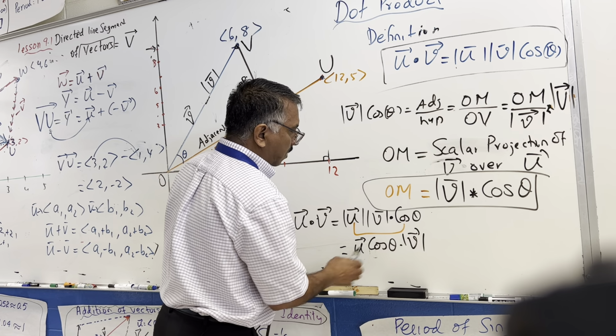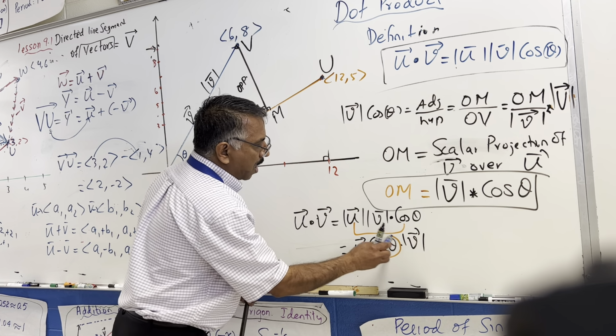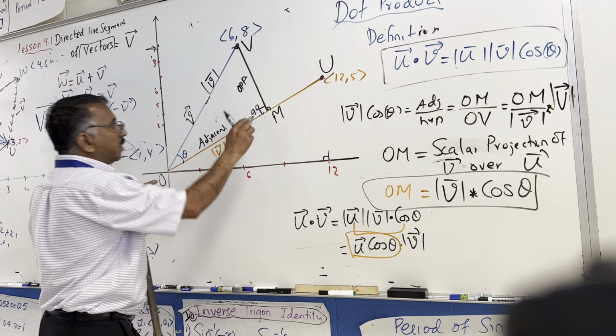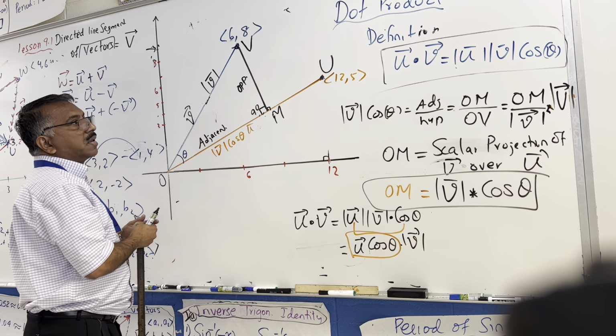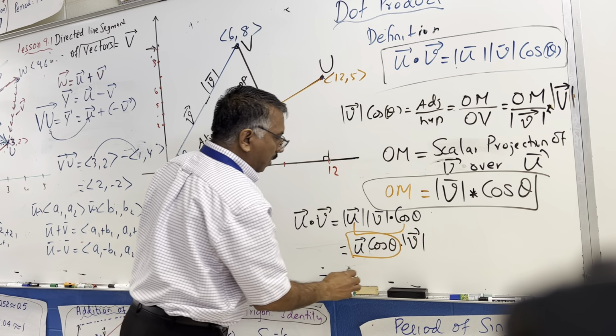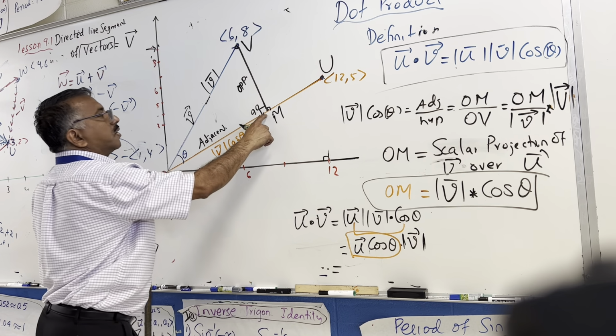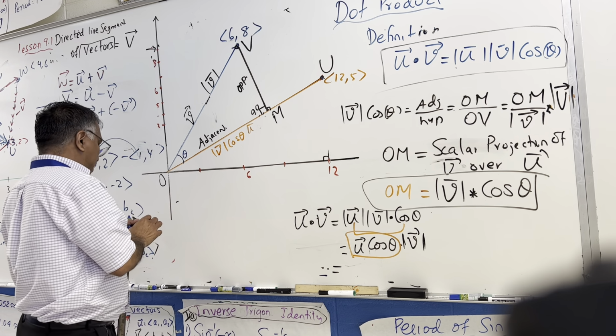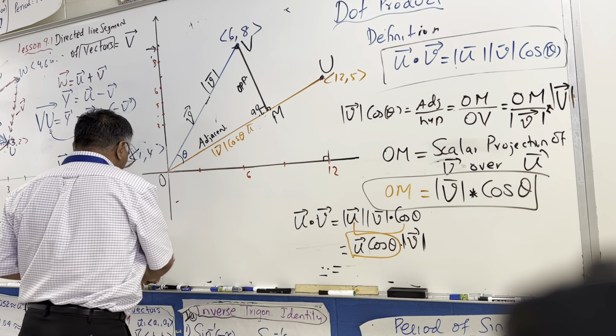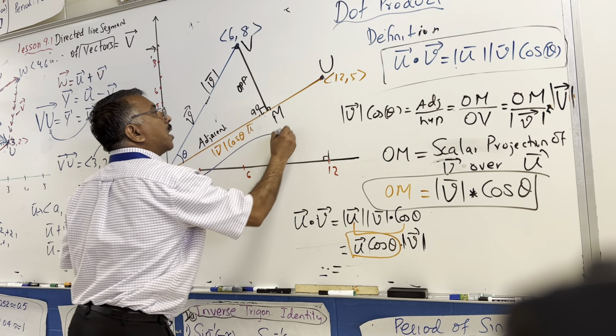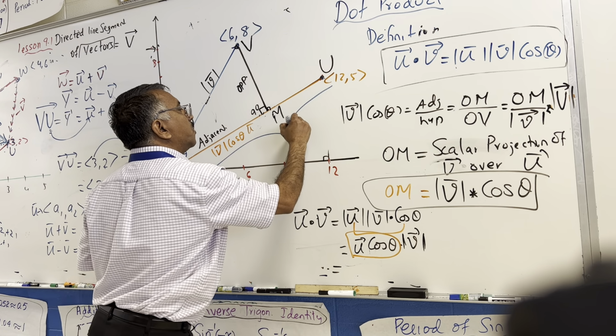Now if you see this, this part is the projection. So basically the dot product is nothing but this times this whole thing. See, this is u bar.